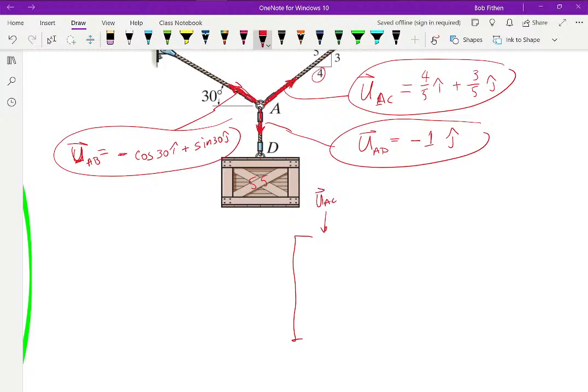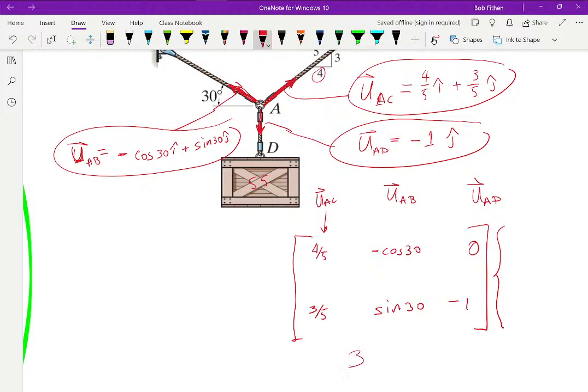I'm going to list them as 4/5 and 3/5. I'm going to list UAB as minus cosine 30, sine of 30, and I could do this as well. UAD, nothing, and minus 1.